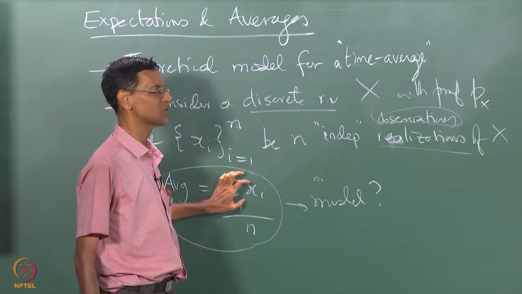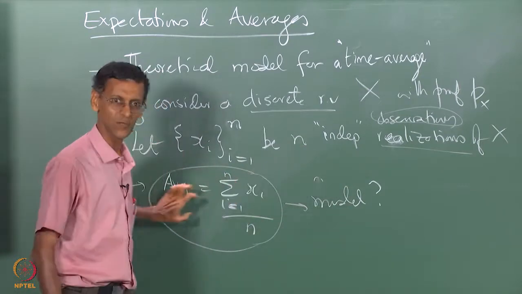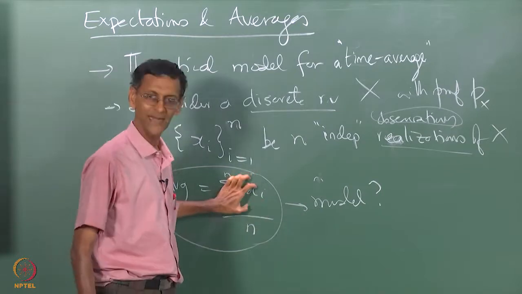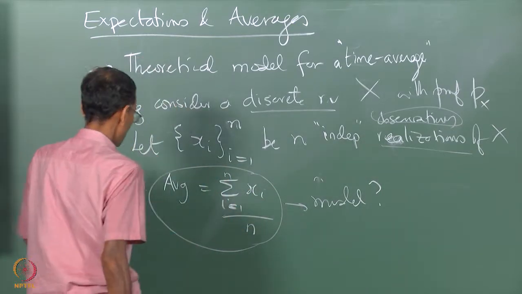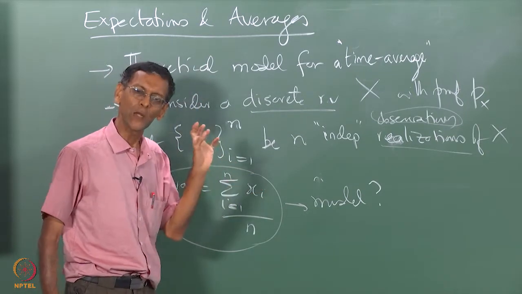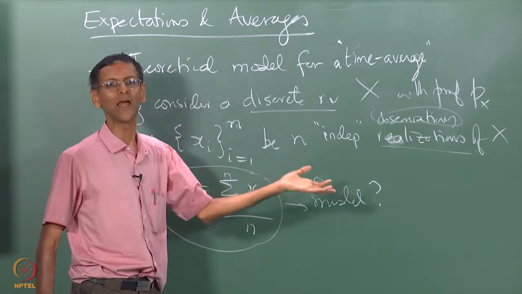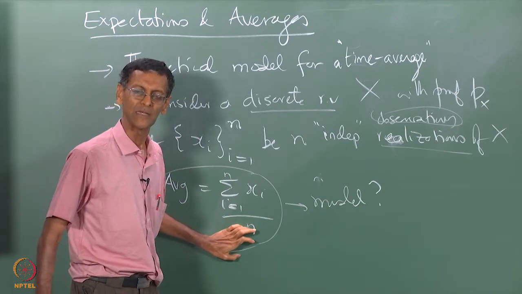So I split this. Instead of just doing it as 6 plus 1 plus 3 plus 4, let's say I pull all the 1s to one side, all the 2s in the middle, and so on. So I can always write this by splitting the numerator. For each of them, which is one value of x, that will be some n1 times that value x, with n in the denominator.